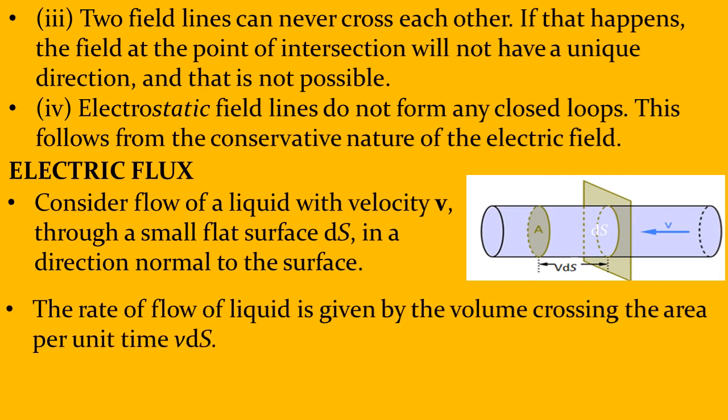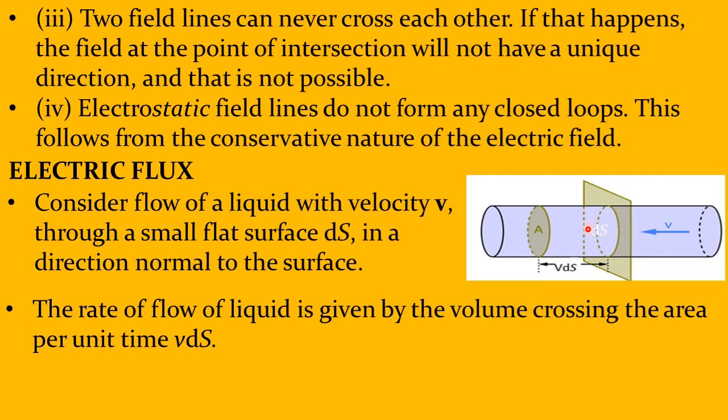The rate of flow of liquid is given by the volume crossing the area per unit time. So the velocity is v, the cross section is ds. So in 1 second, this cylinder full of fluid would have gone past this aperture. So what is the volume of this cylinder? Pi r square h.